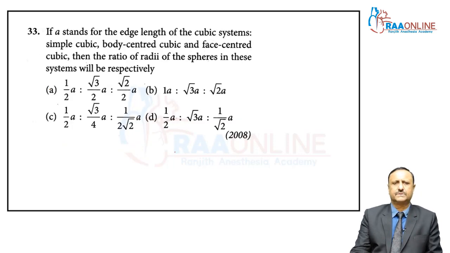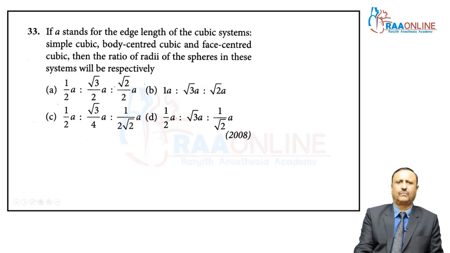Now we can see question number 33. Here my dear students, it asks for the radius ratio, meaning what is the formula. If you know the formulas of the different lattices, simple cubic, BCC and FCC, then you can get the answer.